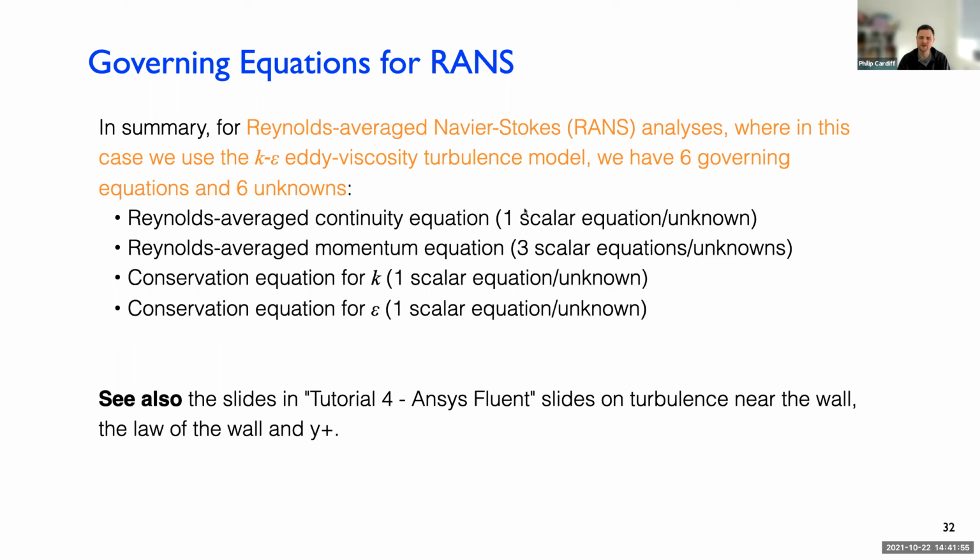Between these, we have 4 unknowns: time average pressure and the 3 components of time average velocity. But K epsilon actually solves for a transport of K and epsilon, so extra equations to calculate what K and epsilon are in every cell. So they're scalar equations, and in this case you have 6 unknowns and 6 scalar equations. I think there are some questions in the quiz about what happens if it was a 2D simulation, for example.